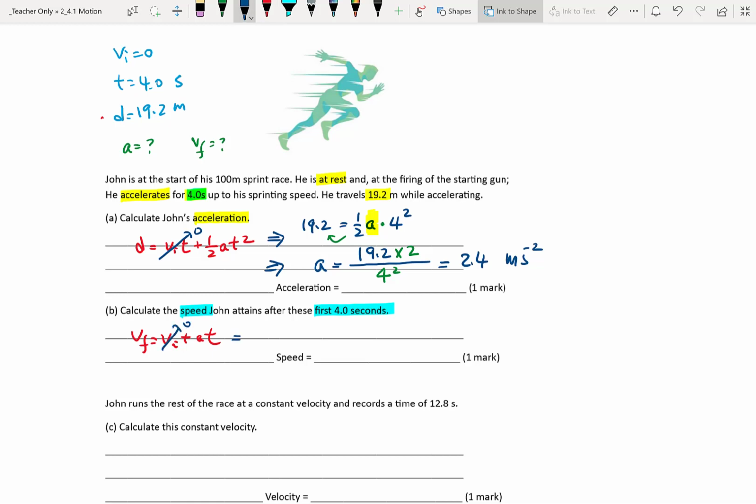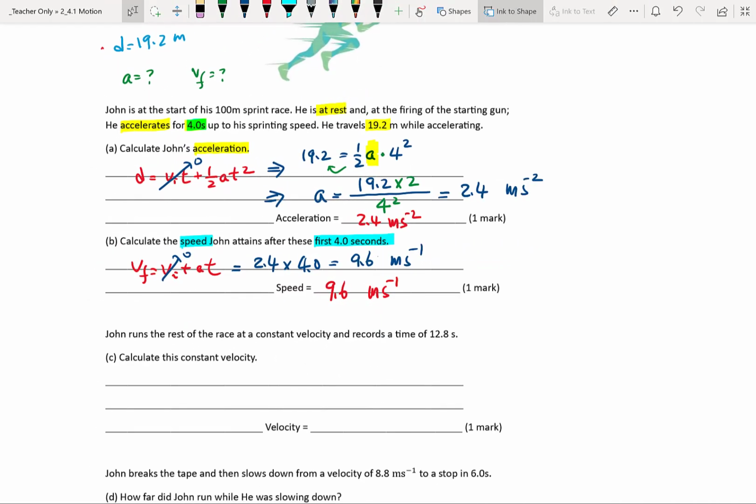A is 2.4, times for how long? Times 4 seconds. So 2.4 times 4 is 9.6 meters per second. Okay, so this is the answer, 9.6 meters per second.